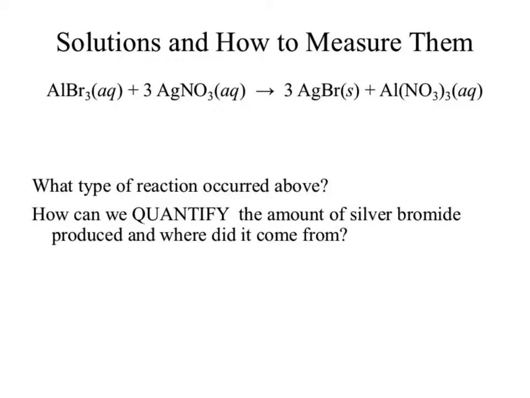When I measured out, let's say, 5 grams of the aluminum bromide, is that 5 grams of aluminum bromide? No, why not? Moisture in the air. If I measure out that 5 grams, did I actually measure out 5 grams of aluminum bromide?